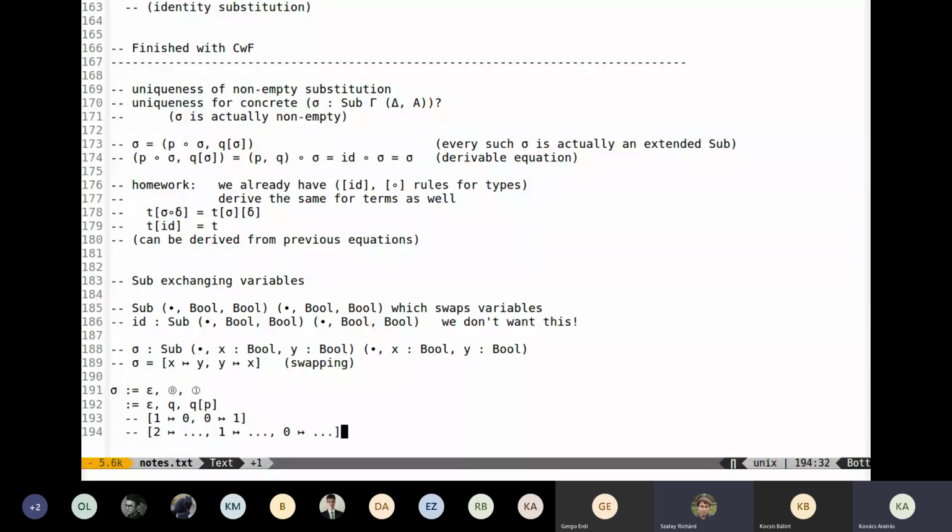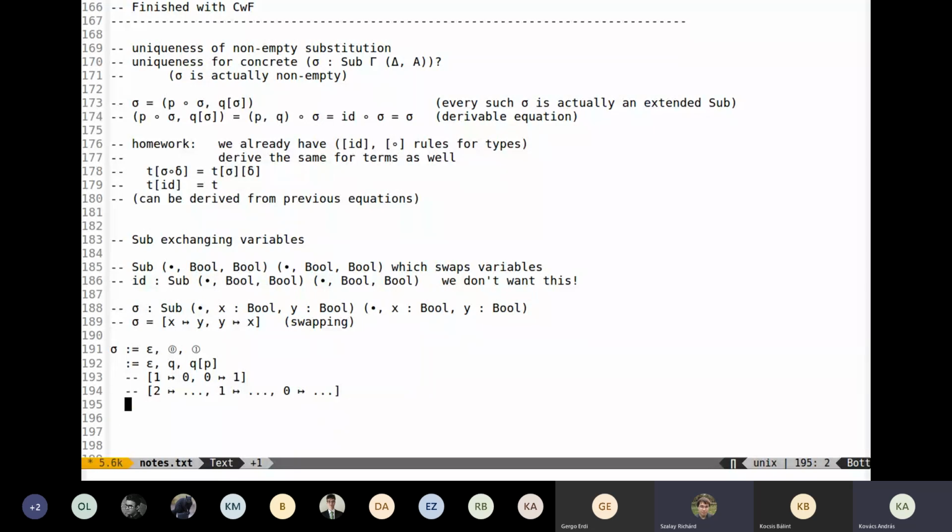We can also look at an example. If we have any term which lives in the bool context, then we can apply the swapping substitution to it, and see what happens if we perform this substitution.